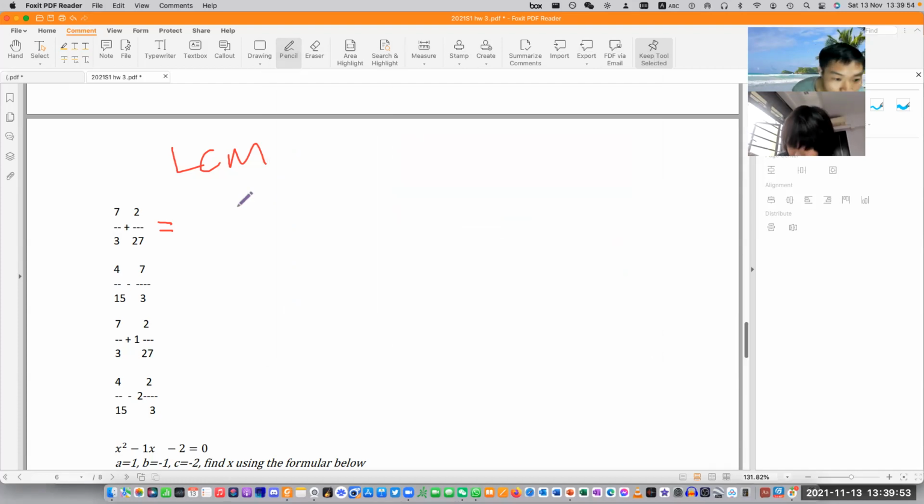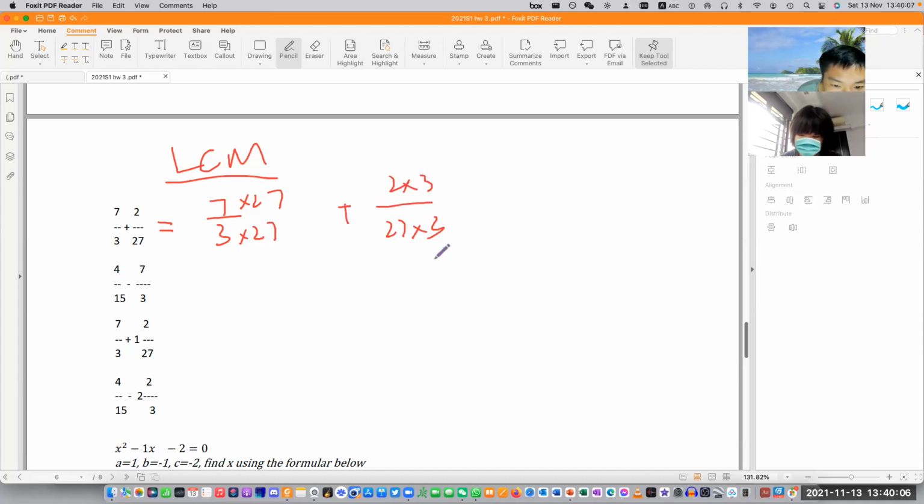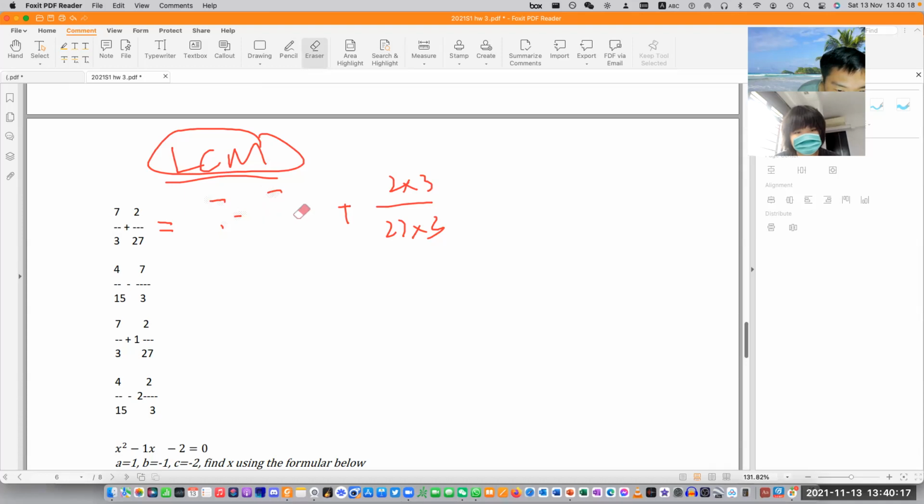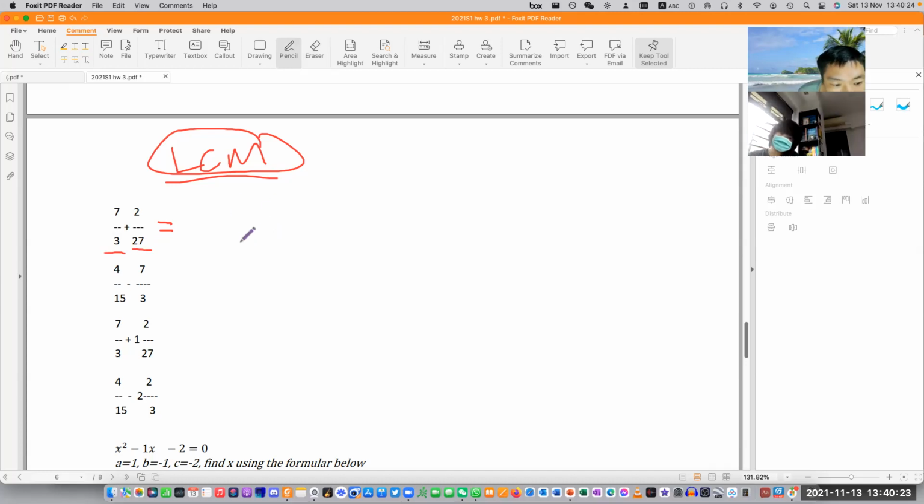Okay, over here I'm testing you on the concept of LCM. A lot of students, if they never learned LCM, you know what they do, right? They times 27 here, and then for this, they times 3. You can do this, but you don't need to if you have learned the concept of LCM, because between 3 and 27, the LCM is 27.